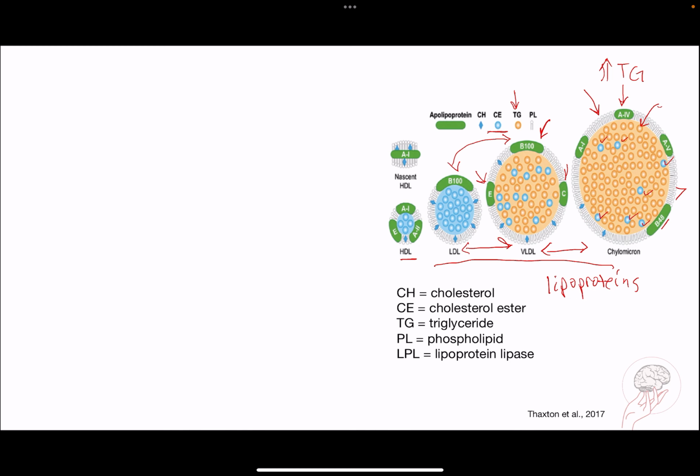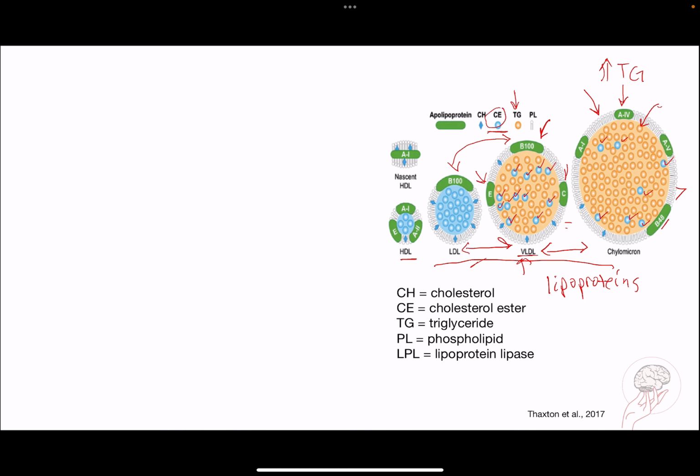Let's see how many are in the VLDL. 1, 2, 3, 4, 5, 6, 7. So these aren't exactly equal. This VLDL has slightly more, but basically, as the chylomicron donates its triglycerides, the overall proportion of cholesterol esters increases.